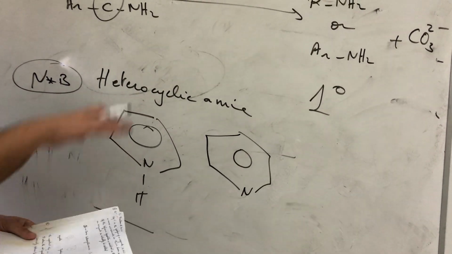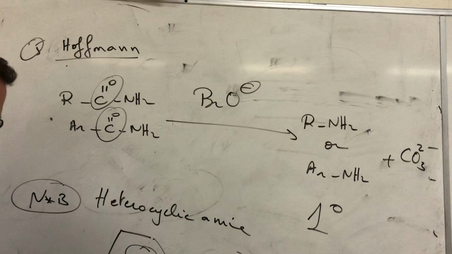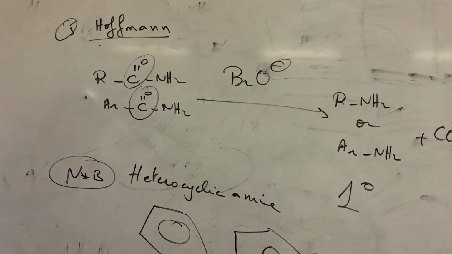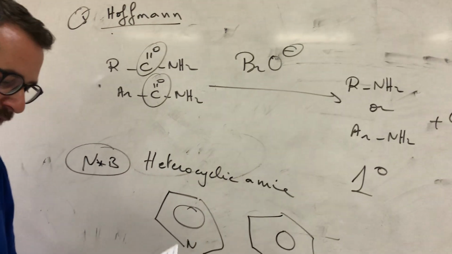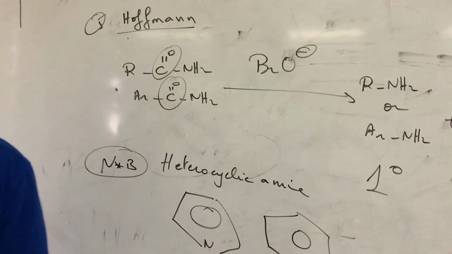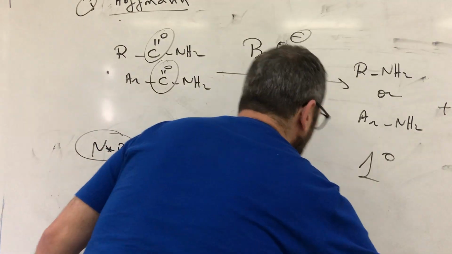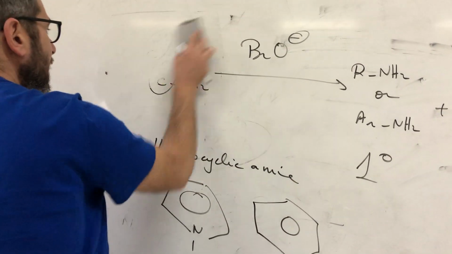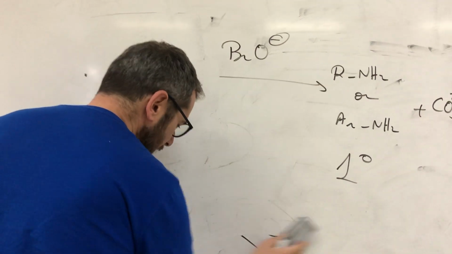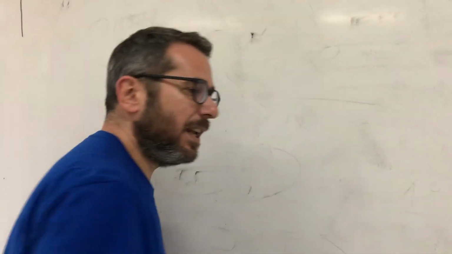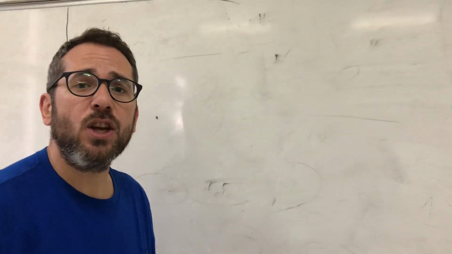So this is concerning the preparation of amine. Now we will move to the last part in this chapter, reactions of amine. Reactions of amine are based on the concept that amines containing nitrogen are basic, so because of their basicity they can act as a nucleophile.